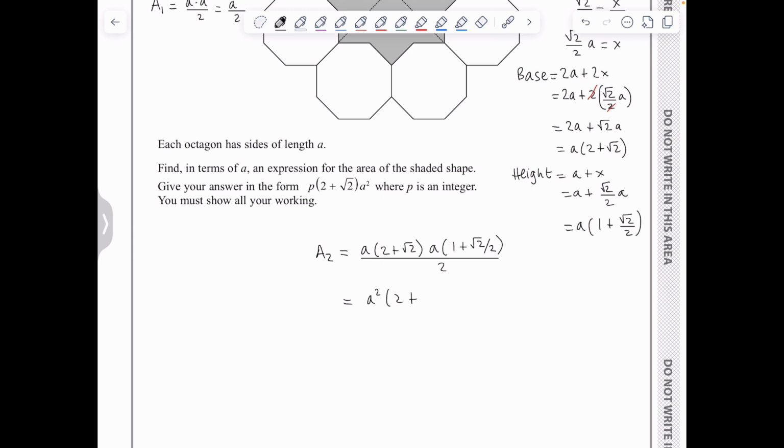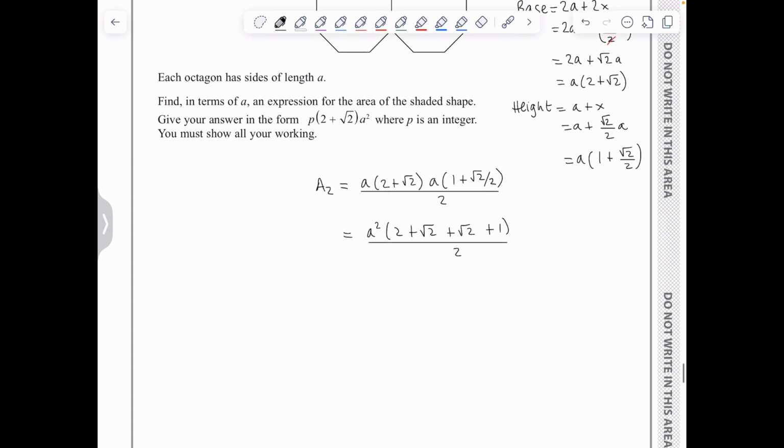Then I've got 2 times root 2 over 2, which is root 2. Then I've got root 2 times 1, which is root 2. And then I've got root 2 times root 2 over 2, which is 2 over 2, which is 1. So I've got 2 plus root 2 plus root 2 plus 1, and all of it divided by 2, leading to a squared brackets 3 plus 2 root 2, and all of it divided by 2.